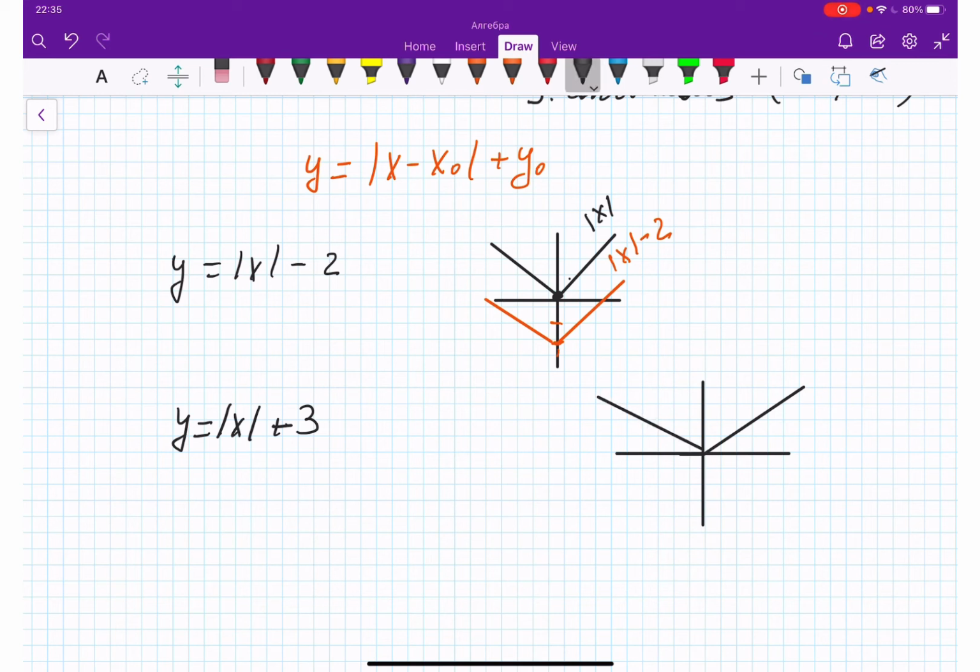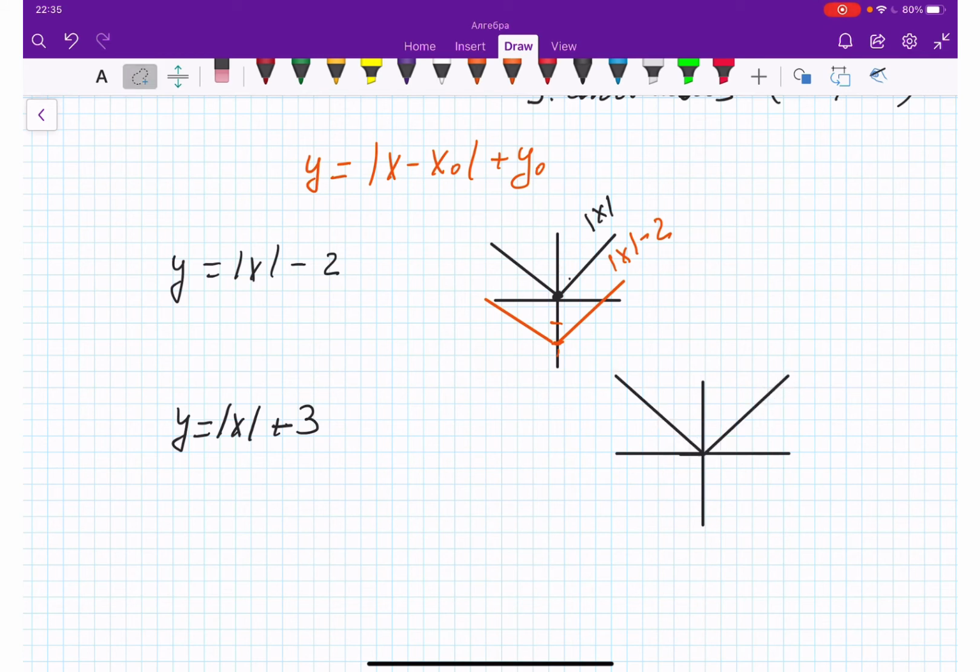This is my absolute value of x, and I don't think I got too much of an angle. Let's use imagination.